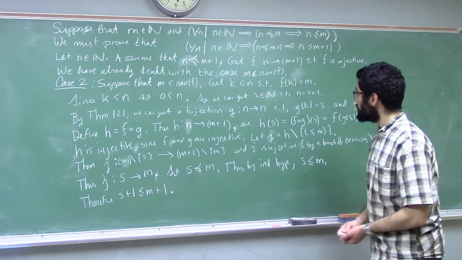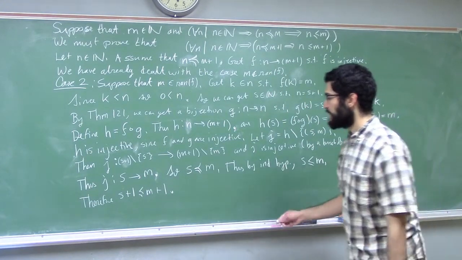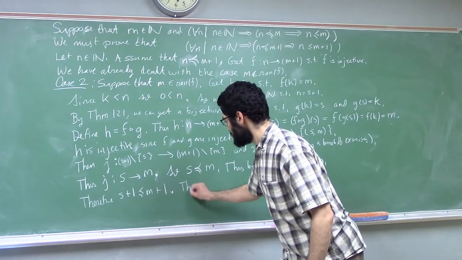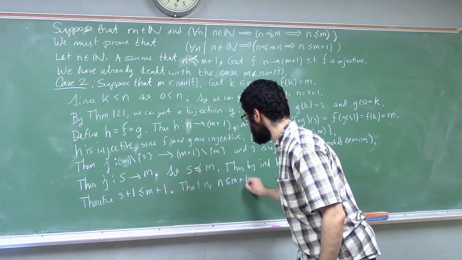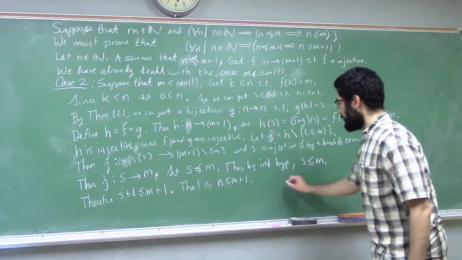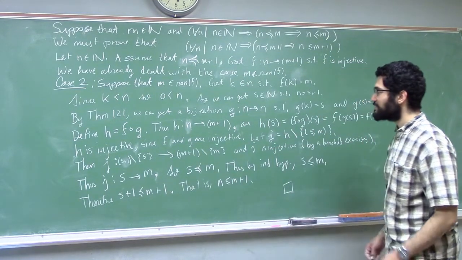Okay, so we've got that, and that's actually what we want. S plus 1 is n, right? That is, n is less than or equal to m plus 1. Okay, so that finishes the proof.